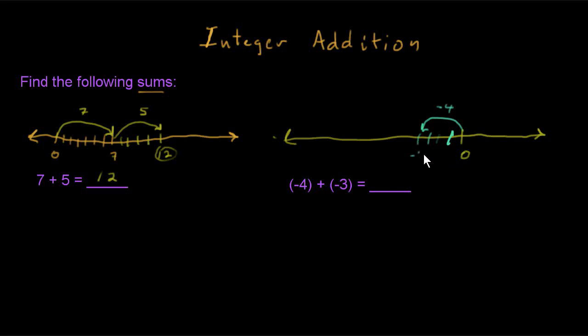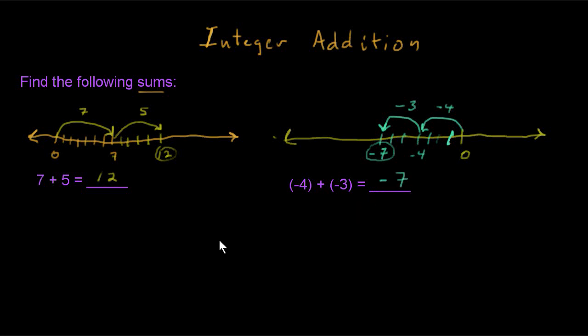And then to that we're to add negative 3. That just means move another 3 units to the left. And where do we end up? What is negative 4 plus negative 3? Well, there we are out at negative 7. And so our answer to this second problem is negative 7.